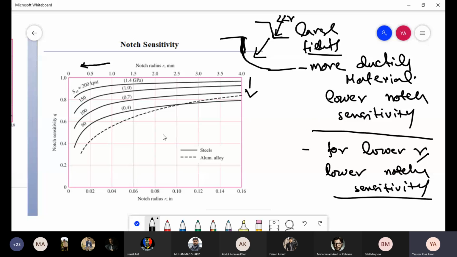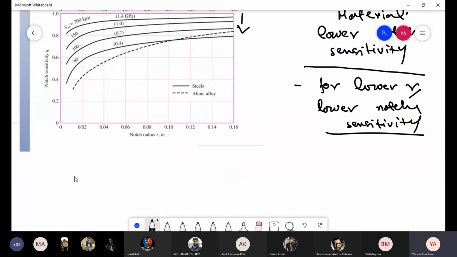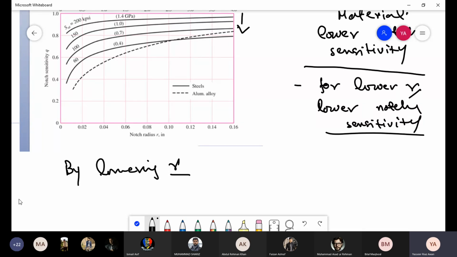Why is that? Because by lowering R, you are reducing notch sensitivity. So by lowering this R value, reducing the radius at the notch, the Q value is going down, but at the same time Kt is going up, because we also know that Kt depends upon the notch radius.